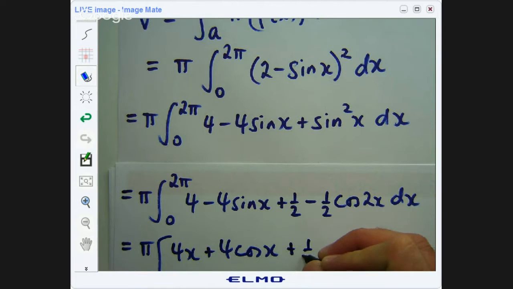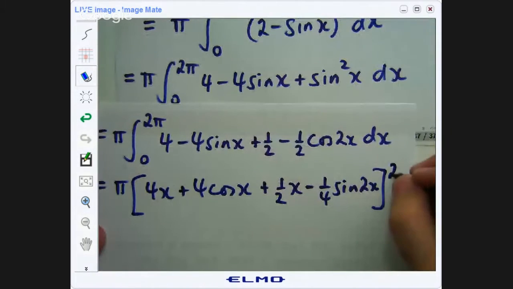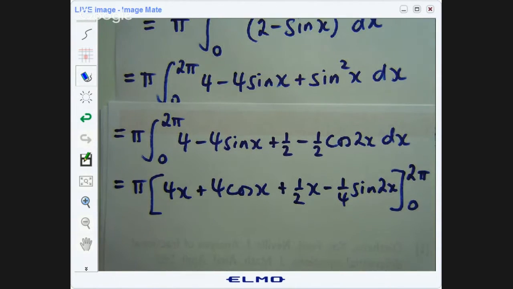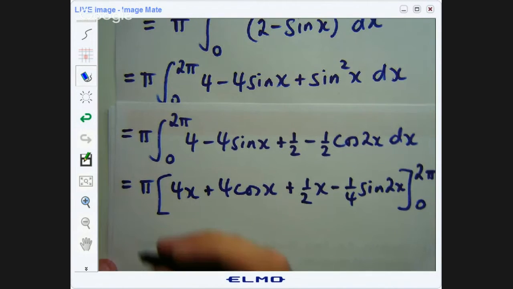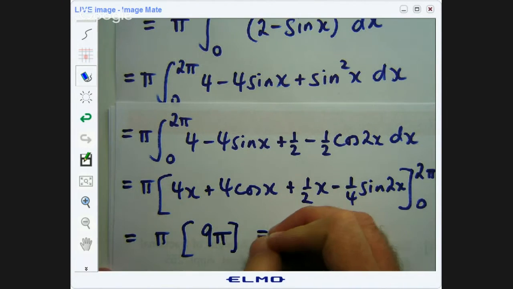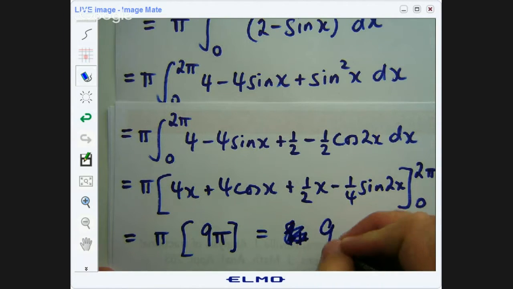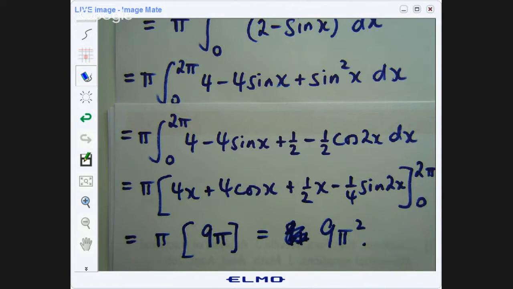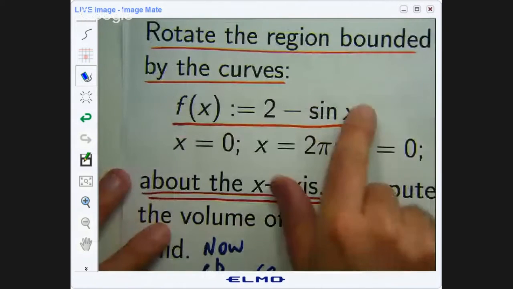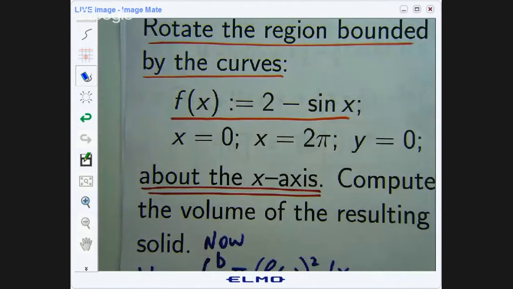You're going to get a half x there, and here you're going to get negative 1/4 sine 2x. When you plug these numbers in, that's going to give you 0, that's going to give you 0. This will give you 8 pi, this will give you pi. And so we get 9 pi squared. So this is the volume, in cubic units, of the solid when you rotate the region bounded by these curves about the x-axis.